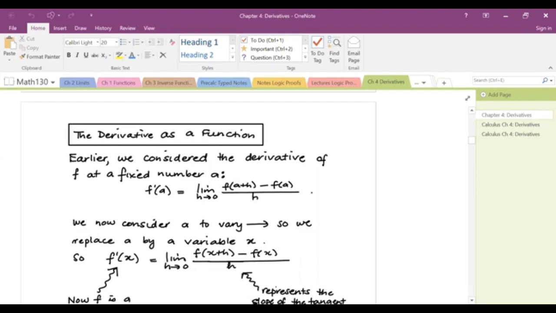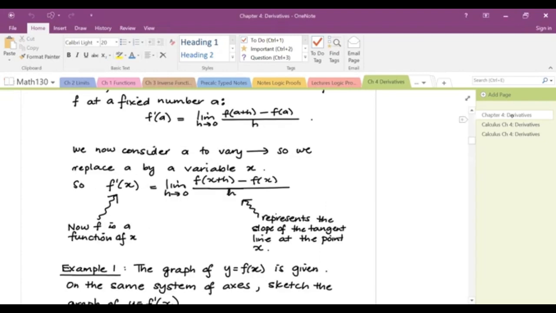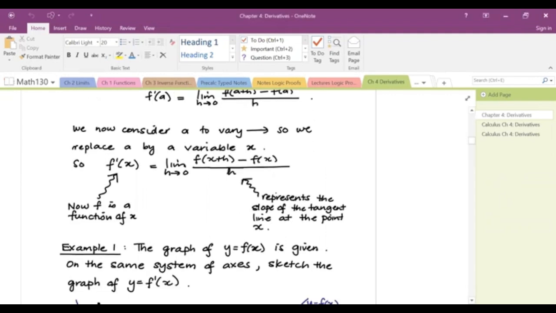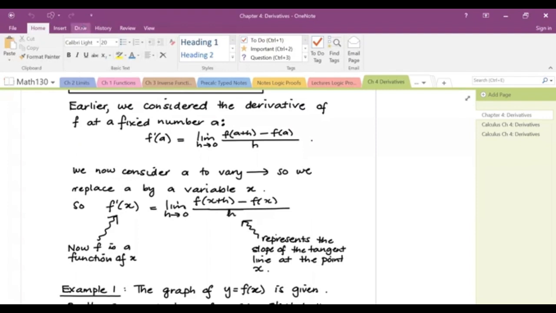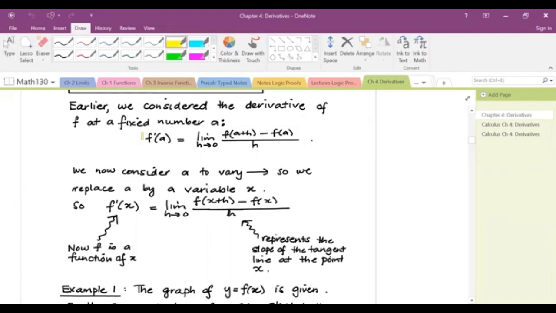To remind you, a derivative can be viewed geometrically as the slope of the tangent line to a graph of a function, and also as a rate of change of one variable with respect to another. So we looked at the definition of the derivative here, evaluating the derivative at a fixed number a.